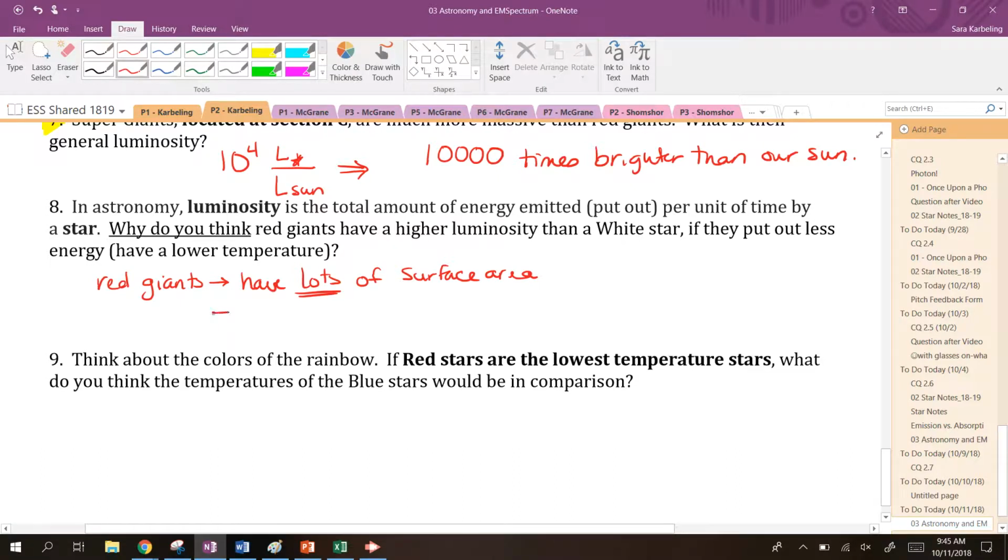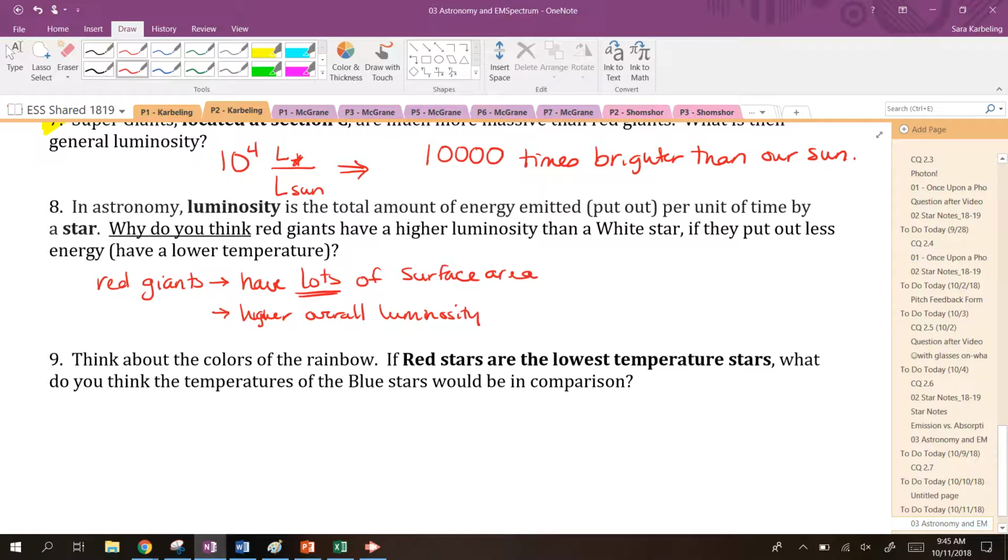Lots of surface area means a higher overall luminosity. More surface area, higher luminosity. I feel like 8 and 9 should be flipped because 8's the kind of big thinker question.